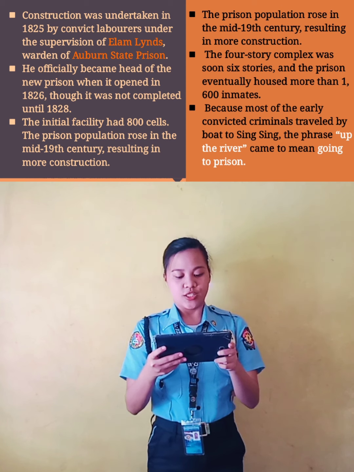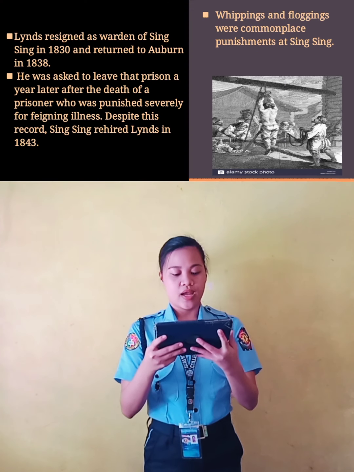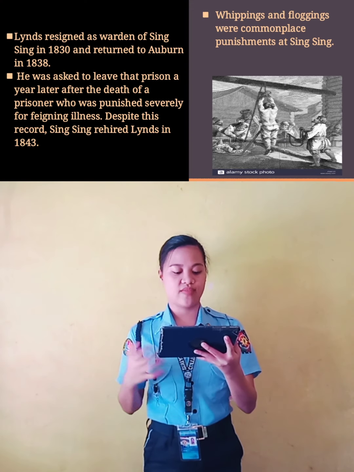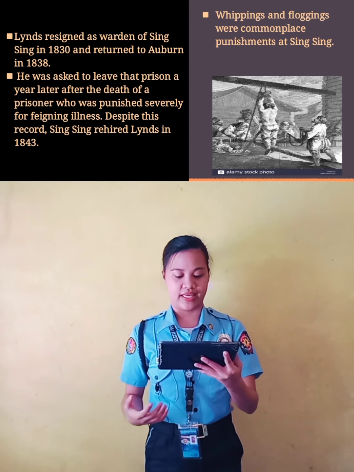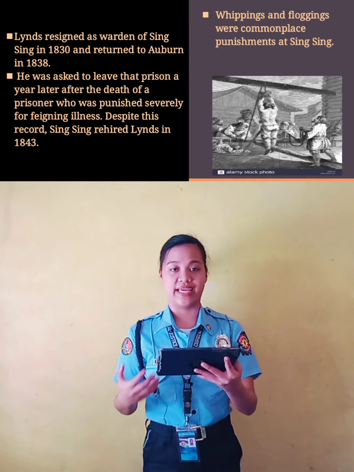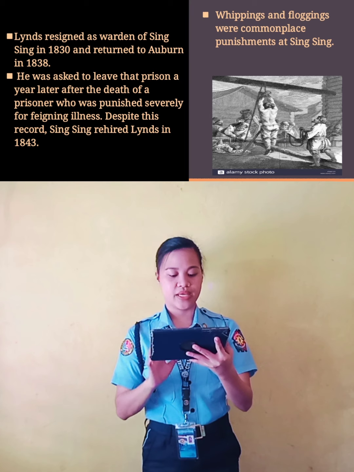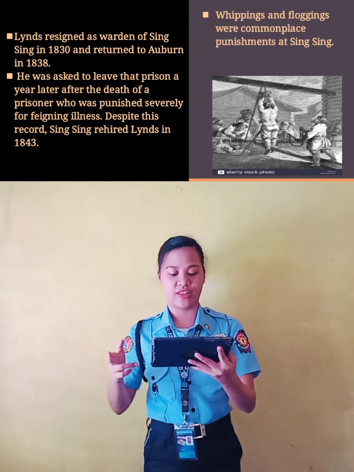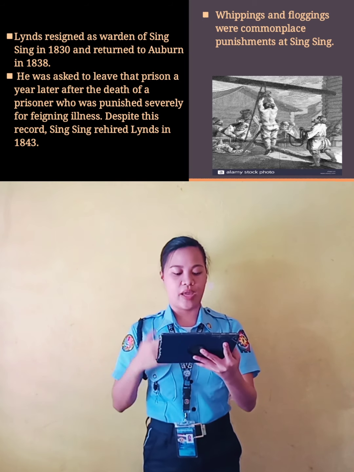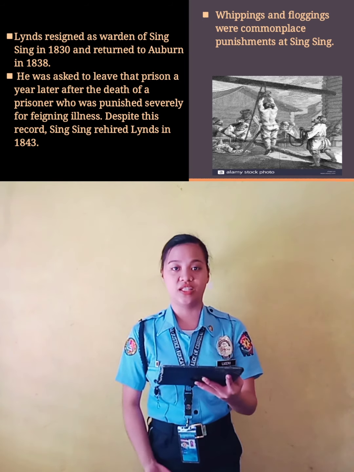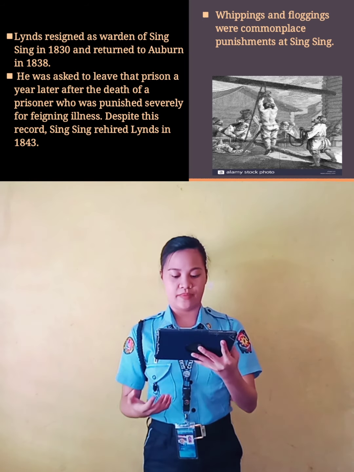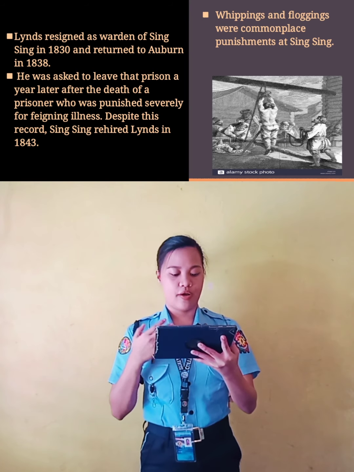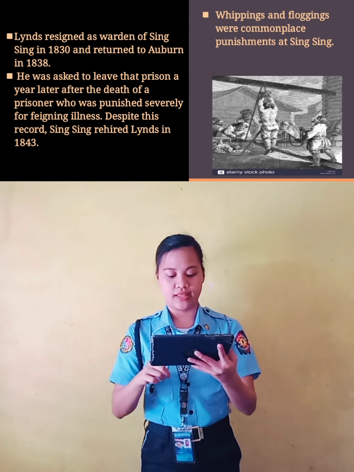Lynds resigned as warden of Sing Sing in 1830 and returned to Auburn in 1838. He was asked to leave the prison a year later after the death of a prisoner who was punished severely for feigning illness.